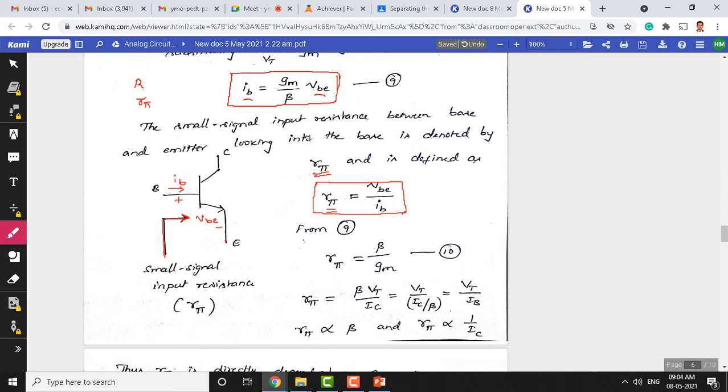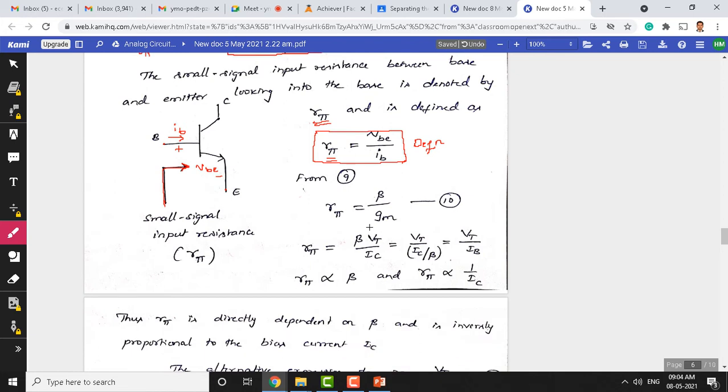Look at here, this goes to the left hand side, GM comes to the denominator, and we have the R pi expression as beta by GM. So this is a definition, and this is the formula for R pi. So the small signal input resistance between base and emitter is now equivalent to beta by GM. Now we can substitute for GM and we can develop other equations for this R pi.